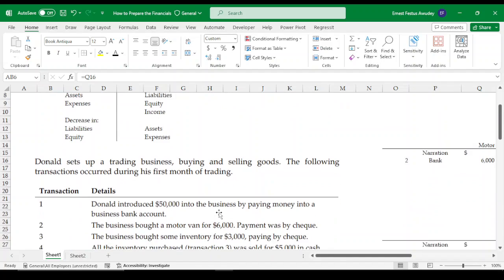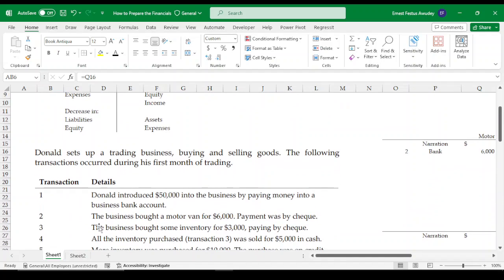Okay, now let's go to transaction 3. The business bought some inventory for $3,000 paying by check. So here the business has bought an asset, and in this case it is inventory. That is the reason why I explained the current and the non-current assets.